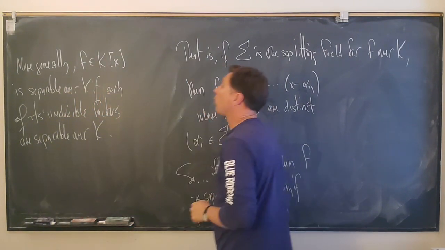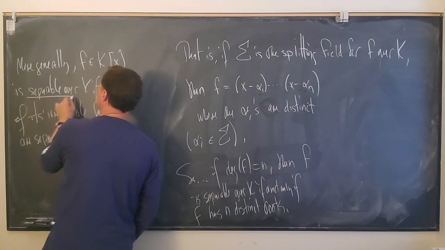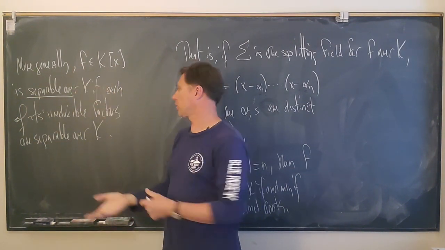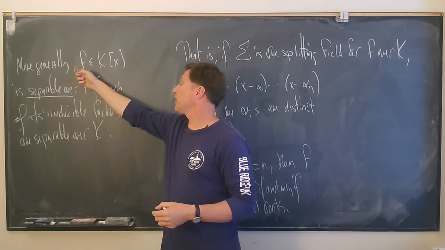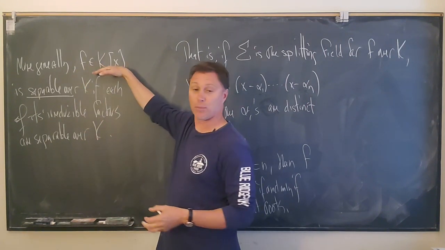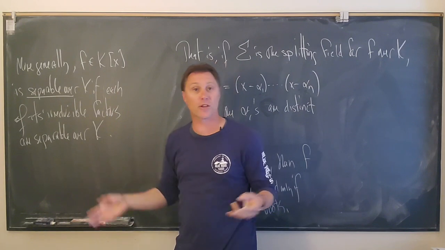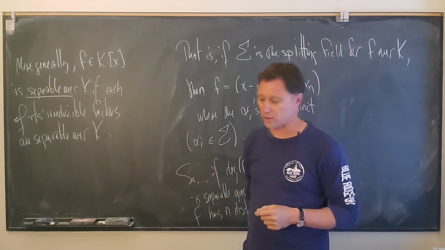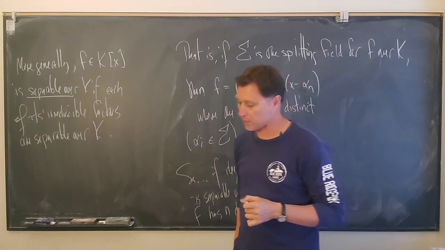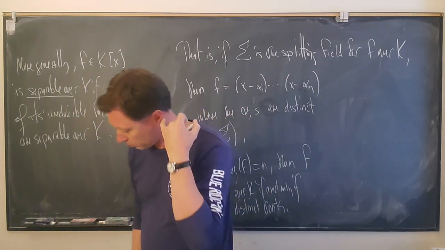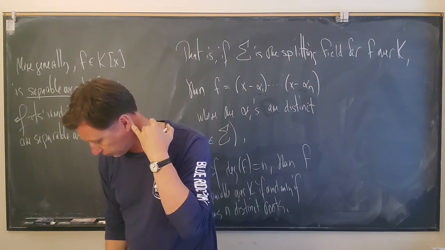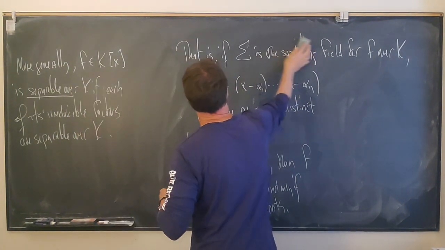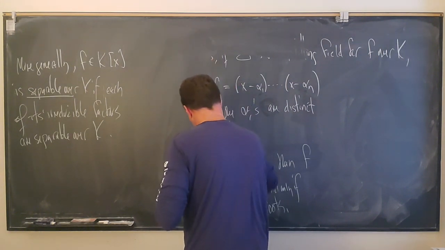In other words, we're now defining separability of a polynomial that's not necessarily irreducible. What does that mean? Factor it into the irreducible factors in k[x]. If each one of those factors is separable as defined in our original definition, then we say that the polynomial is separable.